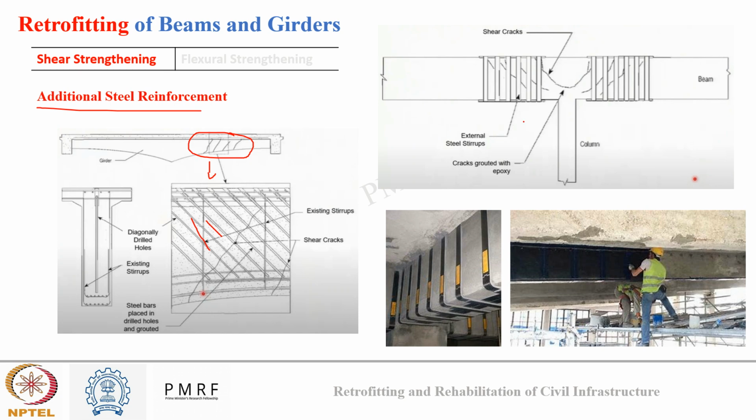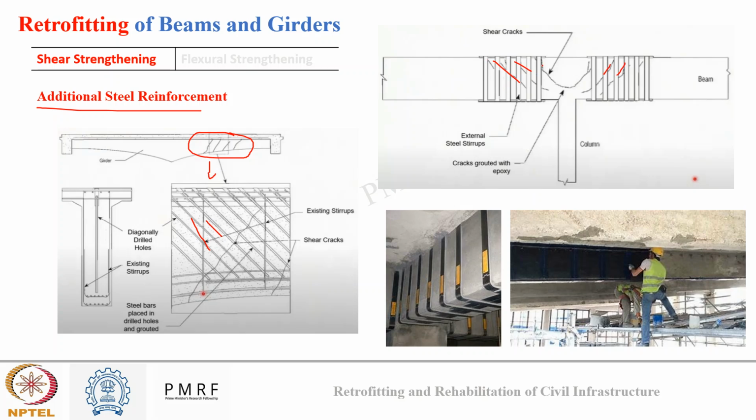While in the second image, external steel plate bars are used to arrest shear cracks, which were also epoxy grouted first. So in this, you can see near the supports, shear cracking at a 45-degree angle was observed. So what was done?